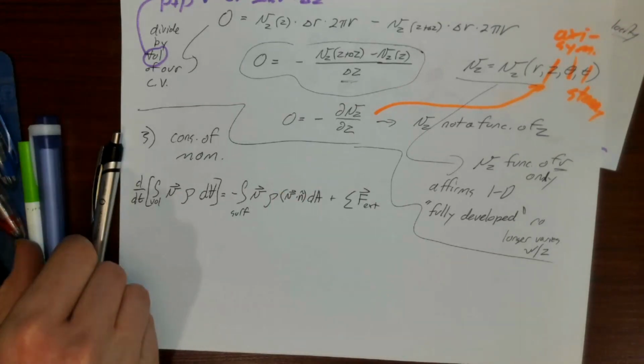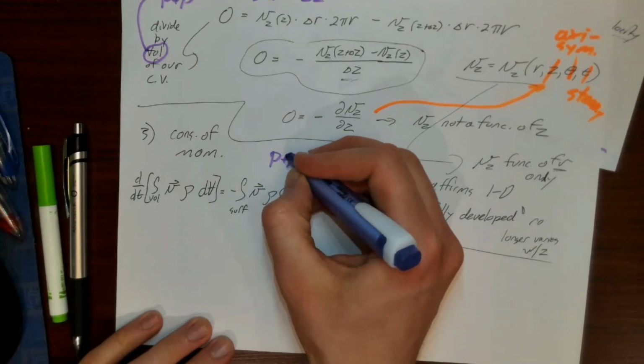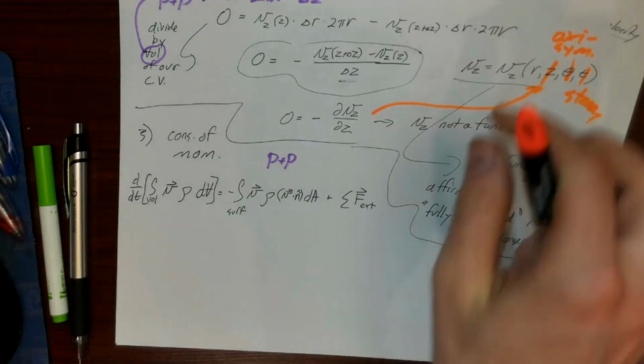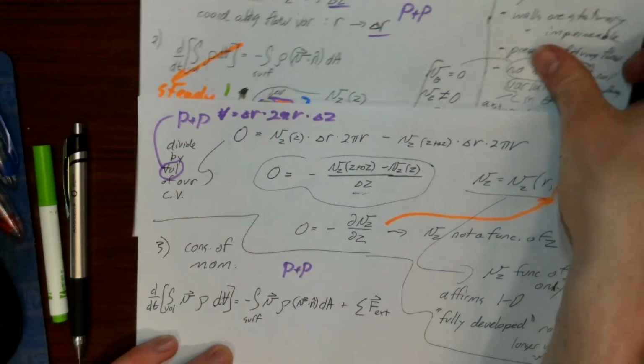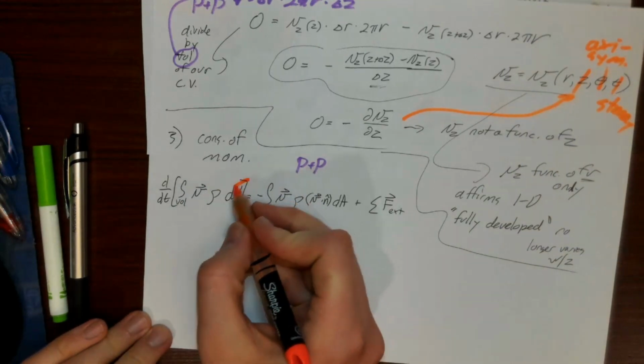Can we, right off the bat, make any simplifications to what we have here? Well, perhaps you can, for the same reason that we did in conservation of mass. If our system is indeed at steady state, then this time derivative on the left-hand side goes away.